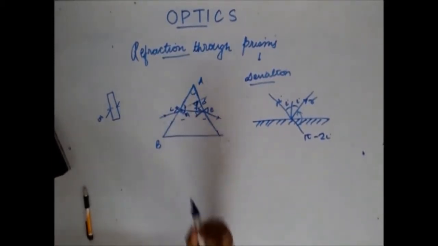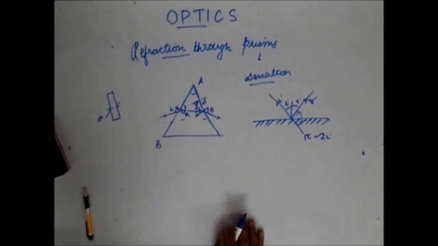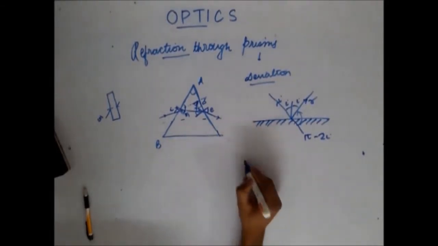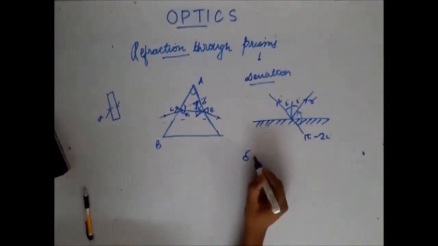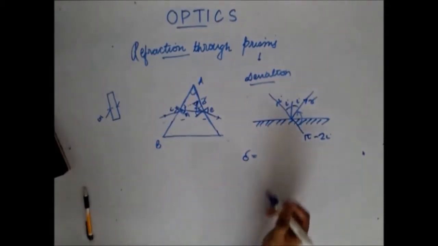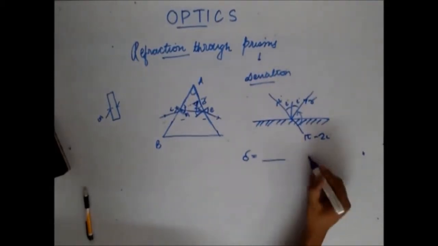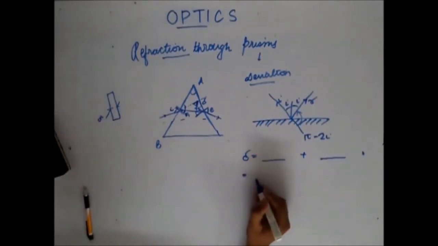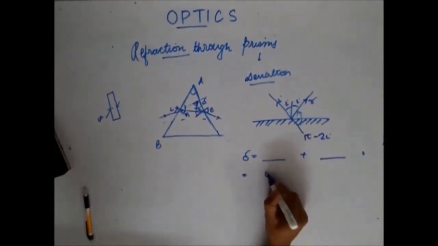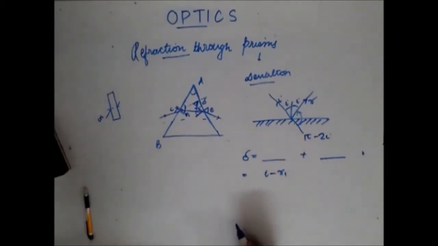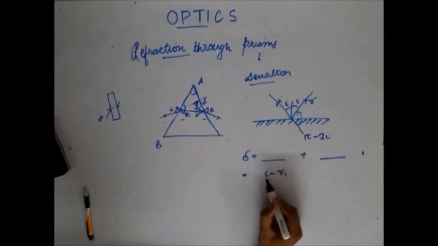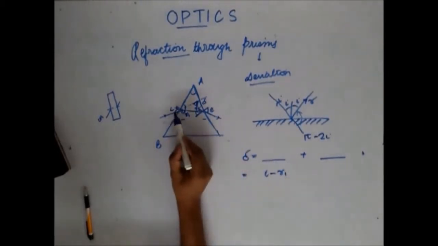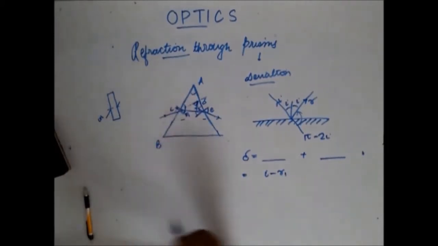Okay. Now in this case, there are two refractions occurring. One is this and one is this. Right? So my total deviation delta is equal to the deviation occurring in the first refraction plus the deviation occurring in the second refraction. The deviation occurring in the first refraction is I minus R1. I can remove the mod sign because I know that I is greater than R1, because angle I lies in the rarer medium.